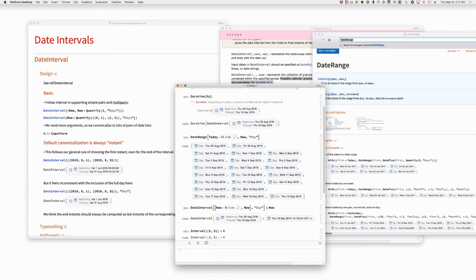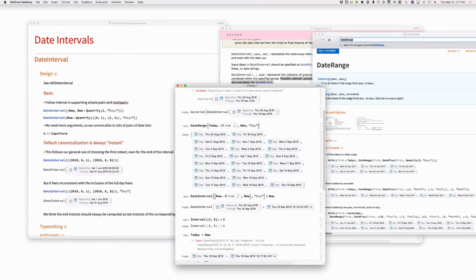Well, but it won't evaluate, right? Right, it wouldn't evaluate, in the same way that if you said, is today less than now, we don't evaluate it, and we give a warning message that says you're comparing dates of unequal granularity and the result is indeterminate. Now, that shouldn't be typeset that way.